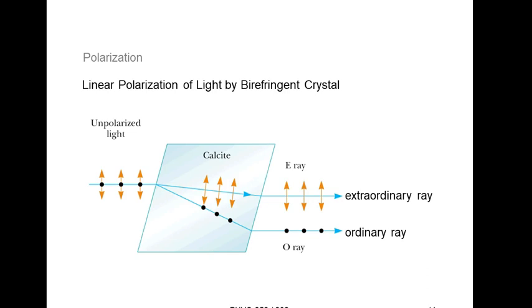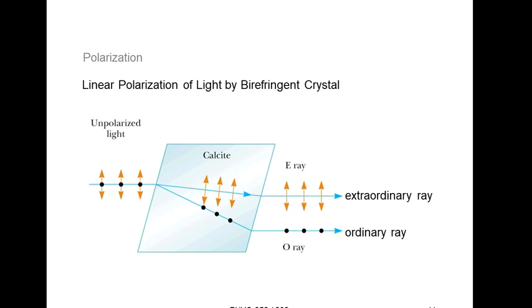When the light actually goes through the crystal, there is a separation of the light path into these mutually polarized beams. And what exits then is the so-called ordinary ray and extraordinary ray. And these two beams, again, comprised of linearly polarized light, and the polarization axes are perpendicular.